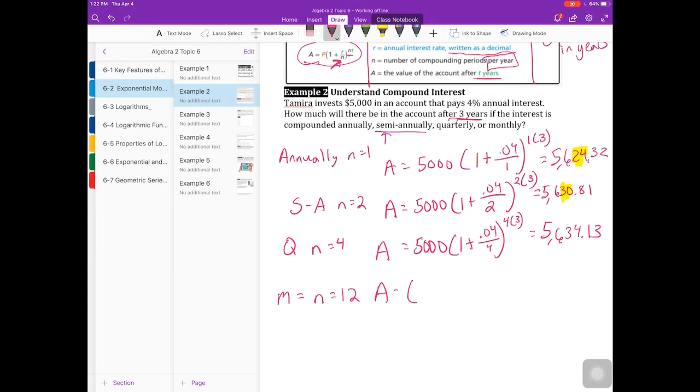So we're going to do A equals 5,000 times 1 plus 0.04 divided by 12, to the 12 times 3. Now, when we put this in our calculator, we're going to get $5,636.36.